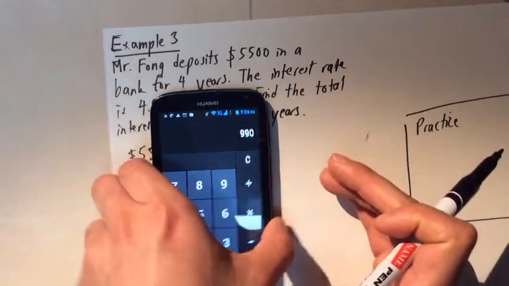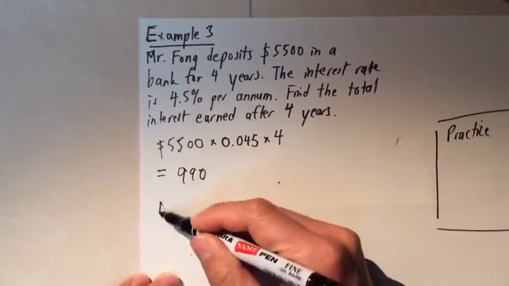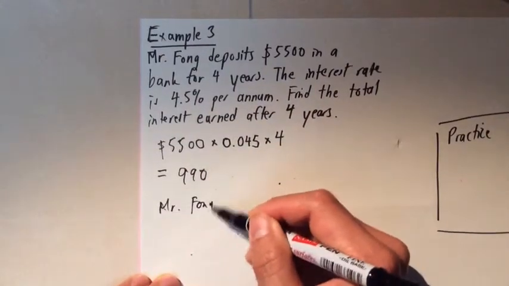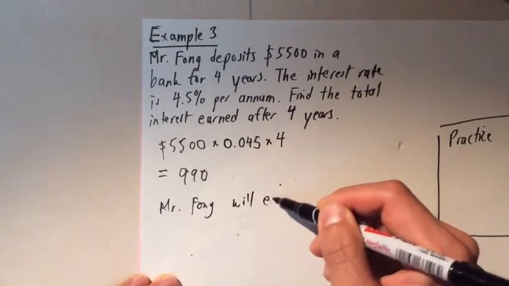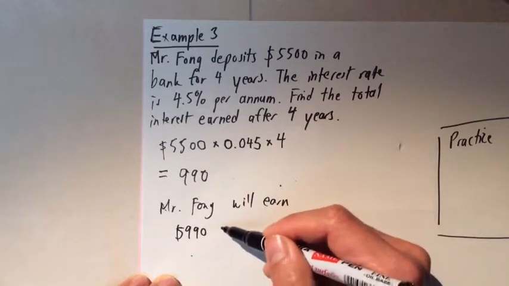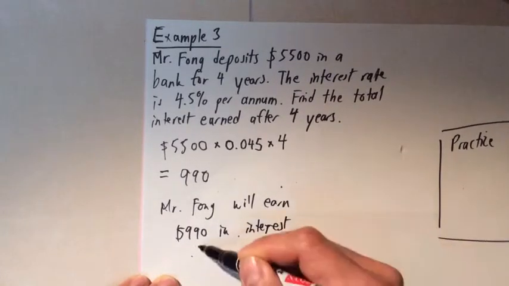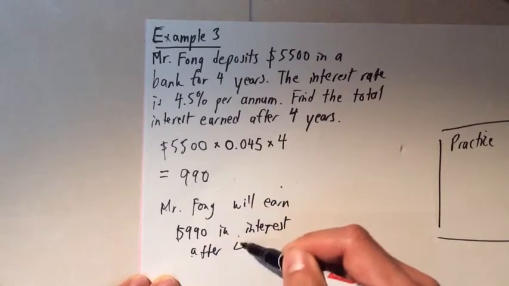So our answer is 990. So Mr. Fong will earn $990 in interest after 4 years.